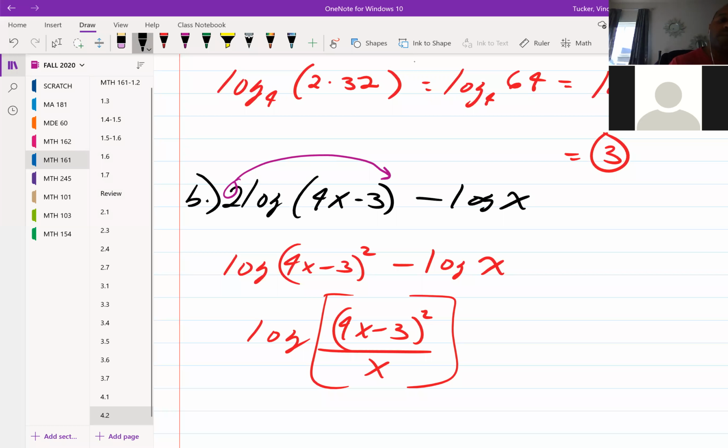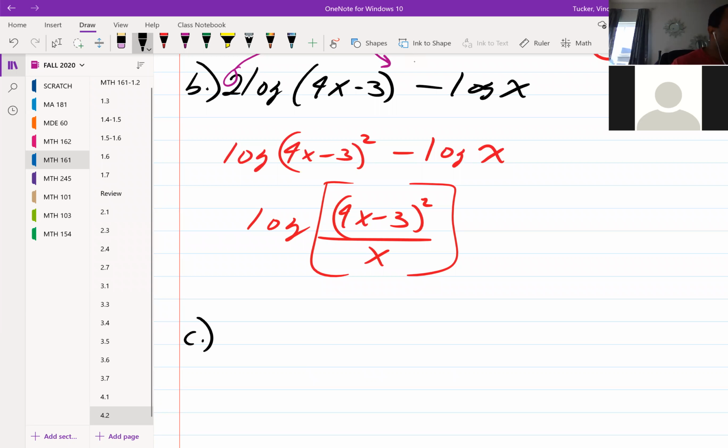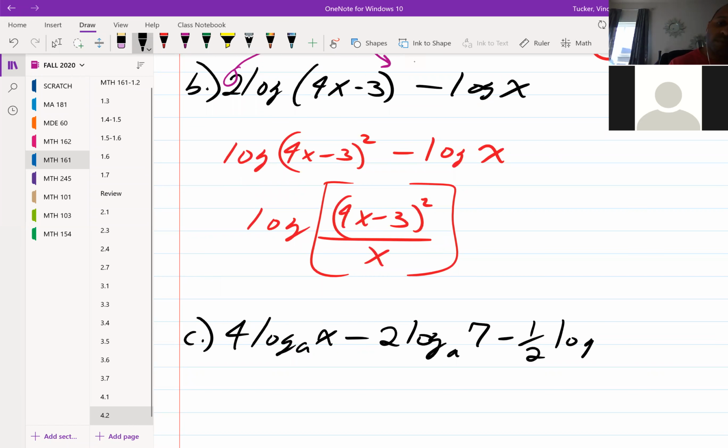All right, let's do at least one more like this. All right, so we have 4 log base a of x minus 2 log base a of 7 minus 1/2 log base a of y.